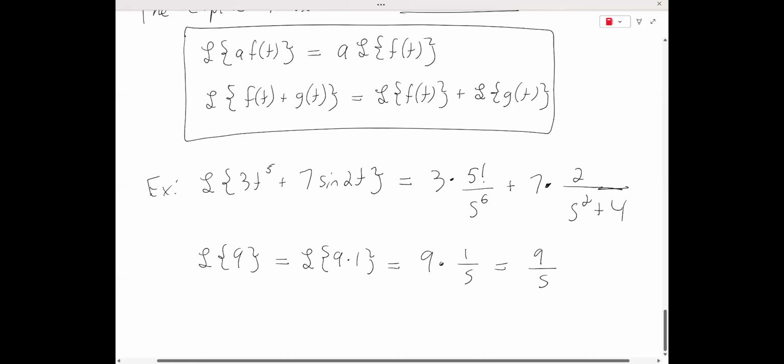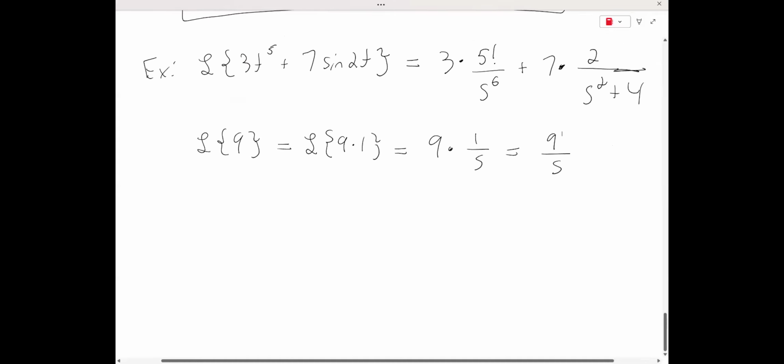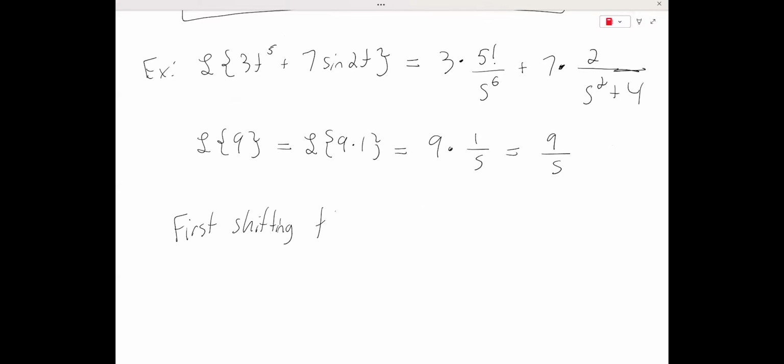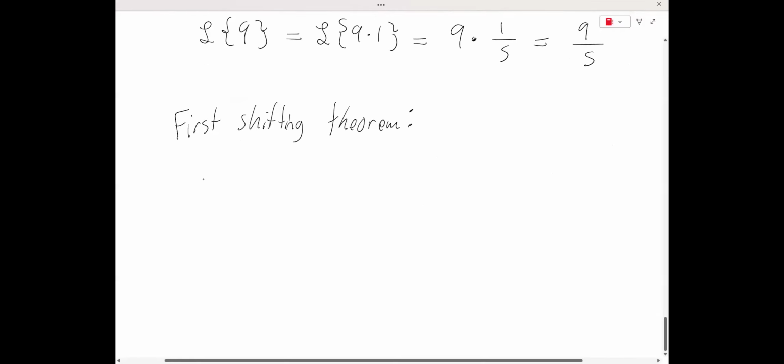Okay, now one other theorem here I'm going to try to get through today. Well, this won't take long. There's one more theorem. It's called the first shifting theorem. Okay, it goes like this.